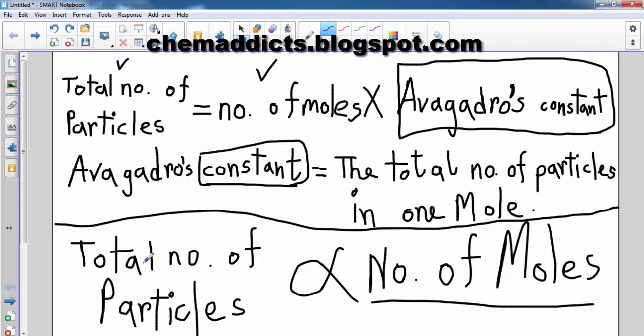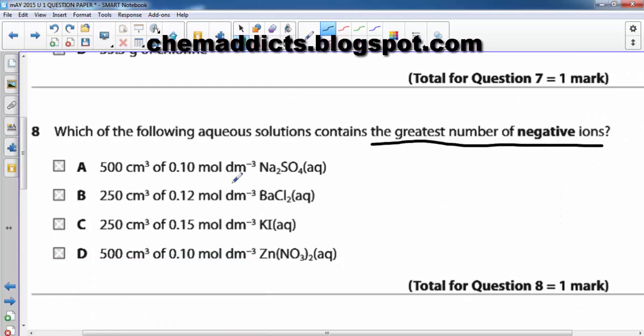Okay, let me tell you how. If you observe that the volume and concentration of each solution is given, that means I can easily find the number of moles from each solution. Have you understood?